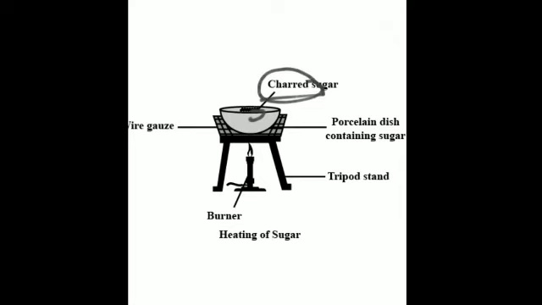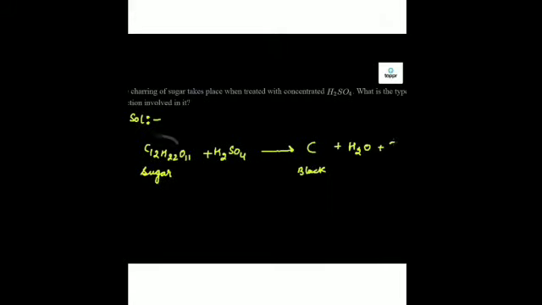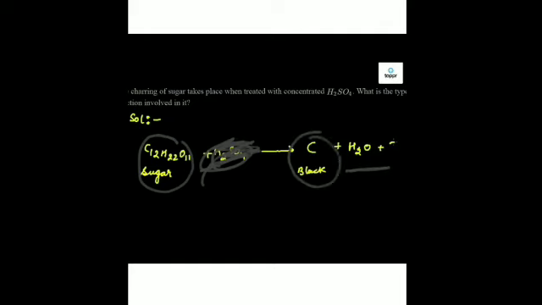So what is taking place is that the formula of sugar is C12H22O11. Is that clear? So it gets charred. Now, for making sugar, even sulfuric acid is mixed, so you can just leave this aside. So this sugar gives out water, and the carbon on heating changes to black.